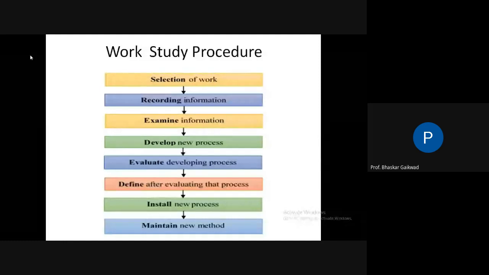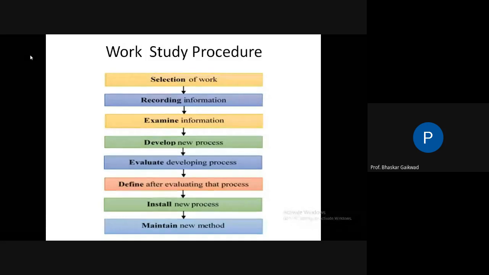Suppose we take this example for selection of the work. Now we have selected the work: the manufacturing of the gear blank of the planetary gearbox in our production center using CNC and VMC. This is the selection, right? Selection.